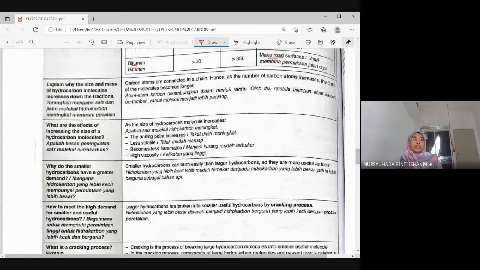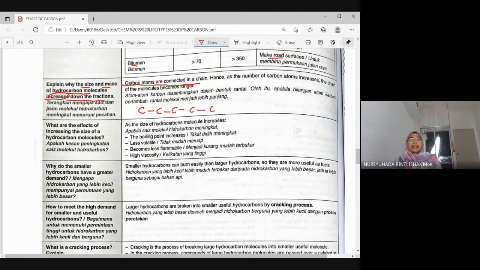Okay, now sambung. Explain why the size and the mass of hydrocarbon molecules increase down the fraction. Okay, carbon atom, kenapa size dengan mass bila ke bawah dia makin besar, makin bertambah? Because carbon atoms are connected in a chain. So actually carbon atom dia macam ni tau. Ni dia bersambung, berangkai-rangkai macam ni.